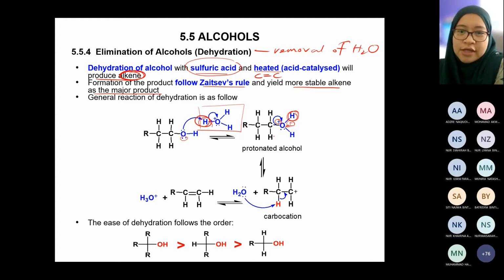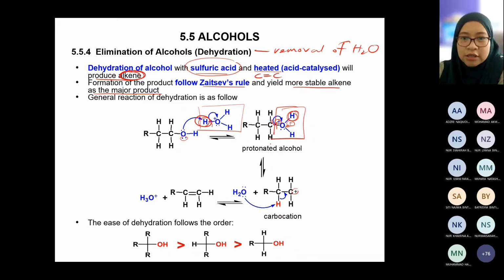So it will detach itself from the carbon. Both electrons of this bond break down and are given to oxygen. Then you have the carbocation. It becomes a carbocation because the whole group has departed from the molecule.